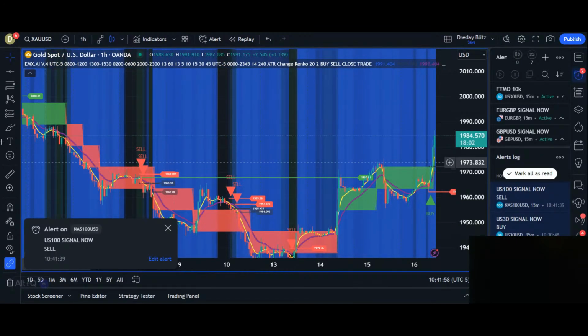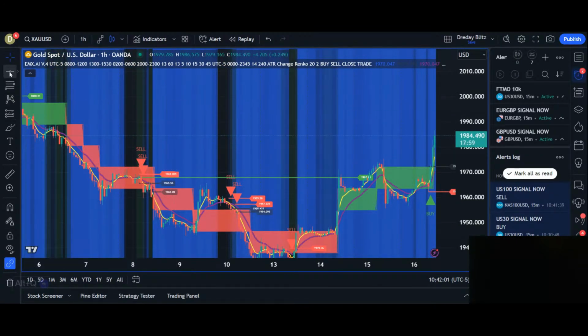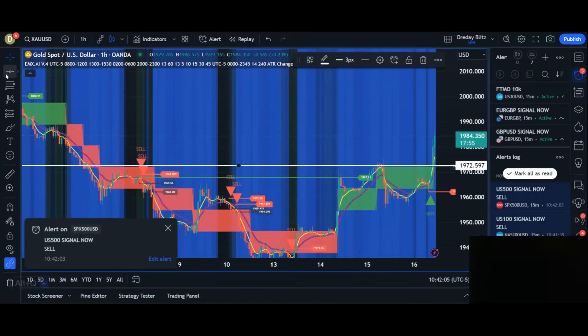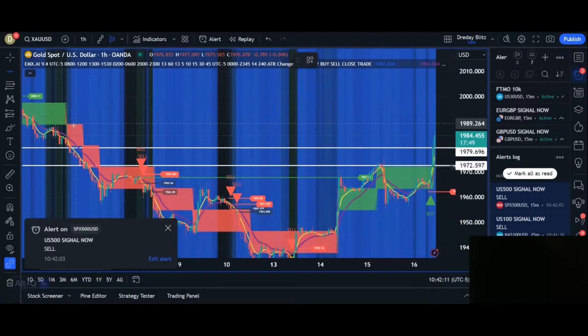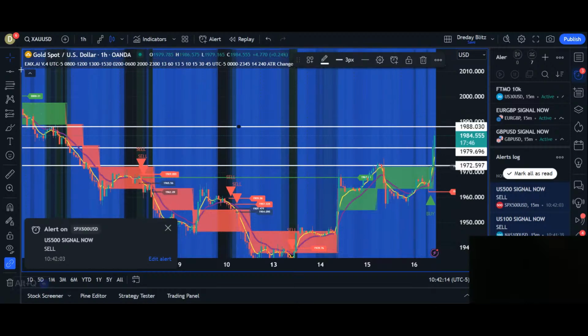So the next zone that we're looking to go with, if we plot our lines, boom. Boom. Just going to put the full lines up top.